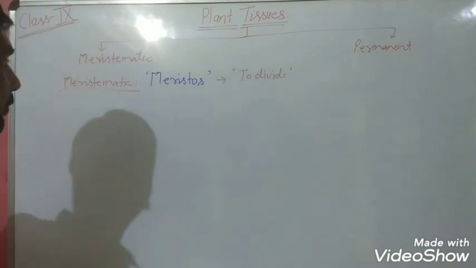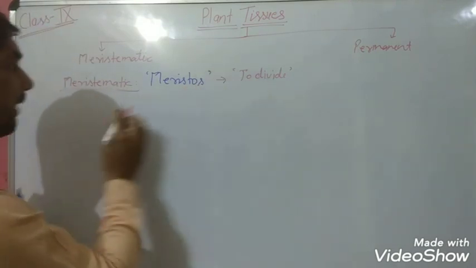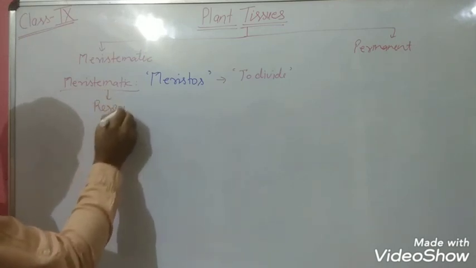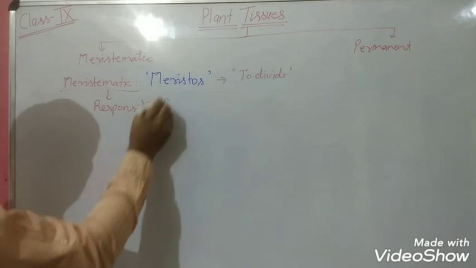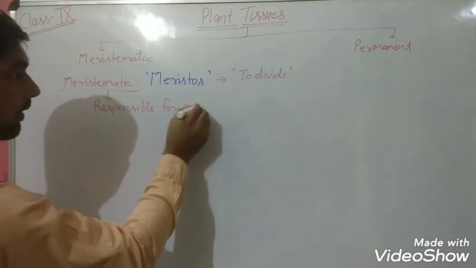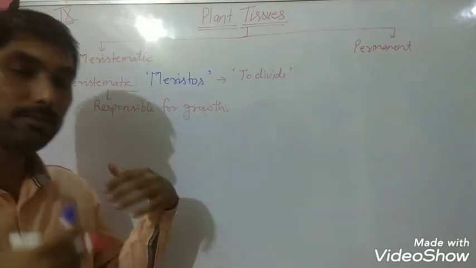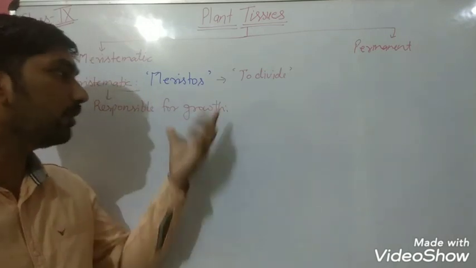So meristematic tissues, since they are going to divide, are responsible for growth. How are they going to help in the growth of plants?